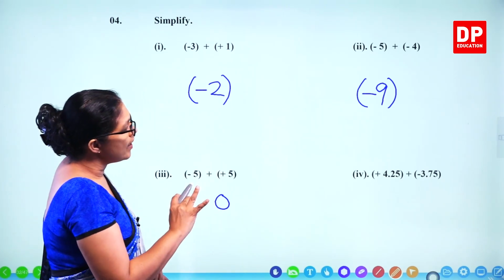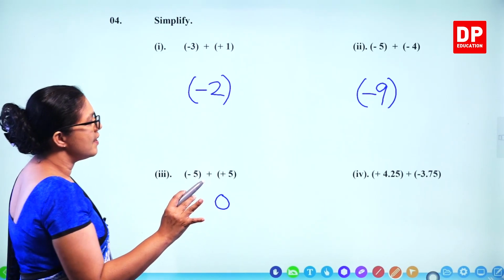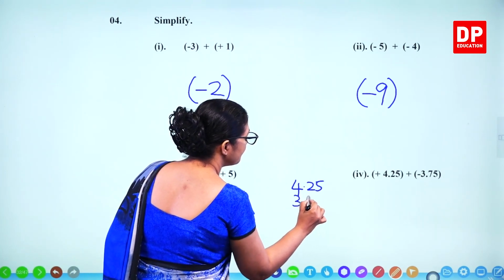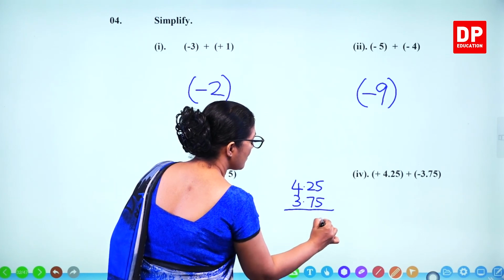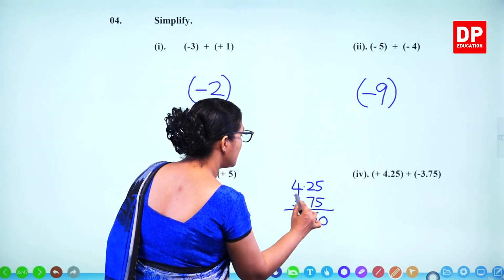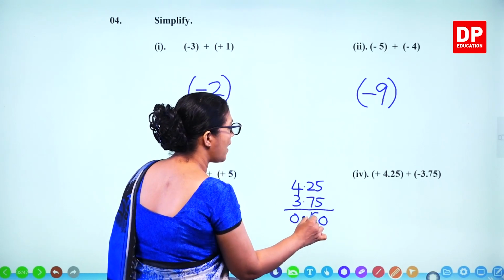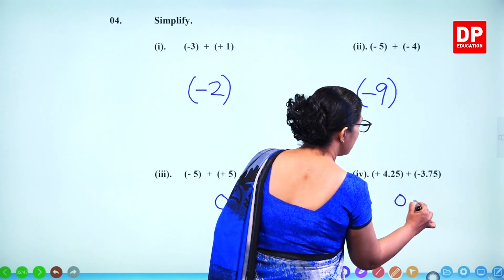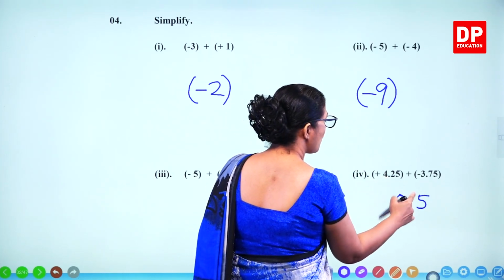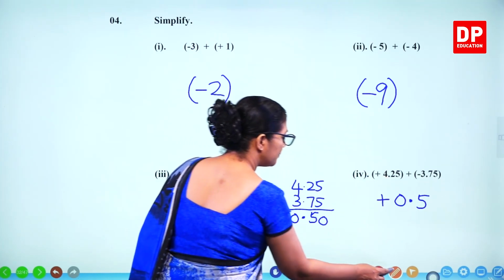This one is positive, 1 is negative. Take the difference, 0 and 5. So 0.5. And put the sign of the bigger number. 0.5.